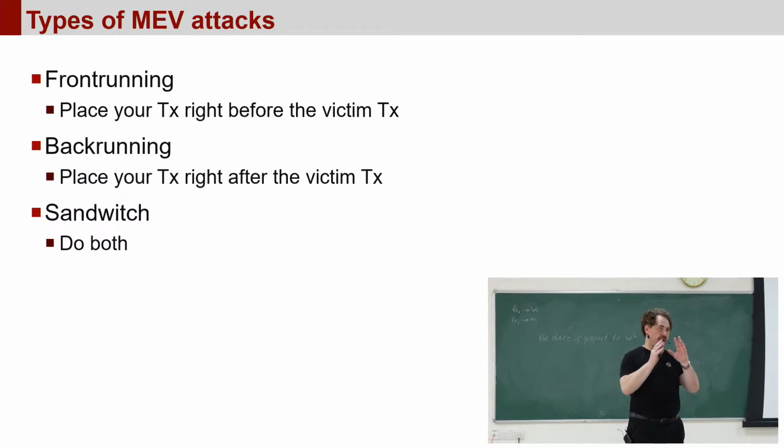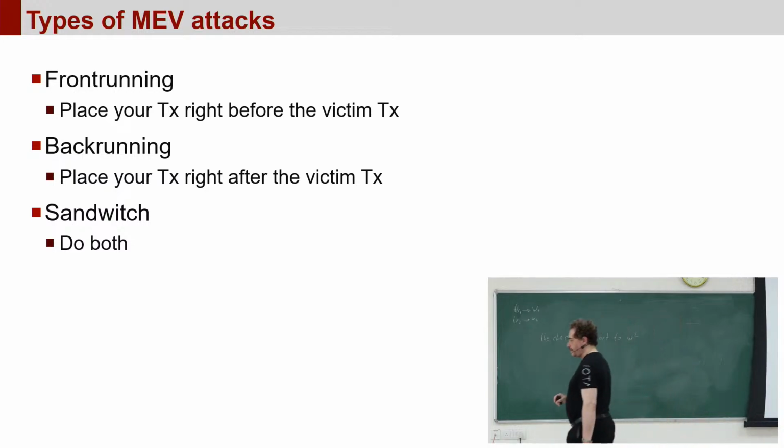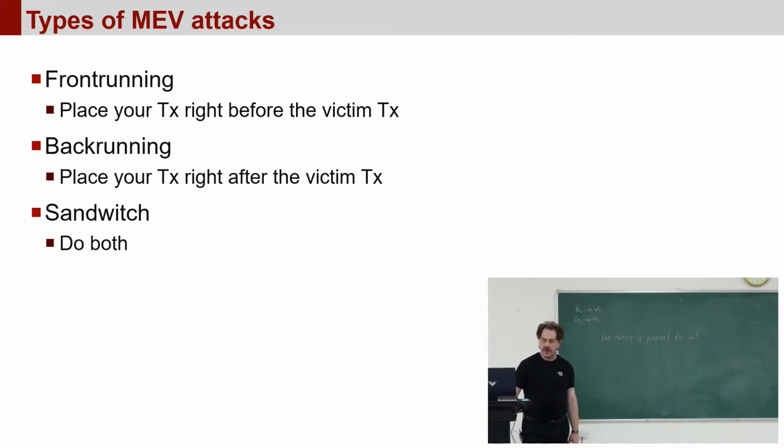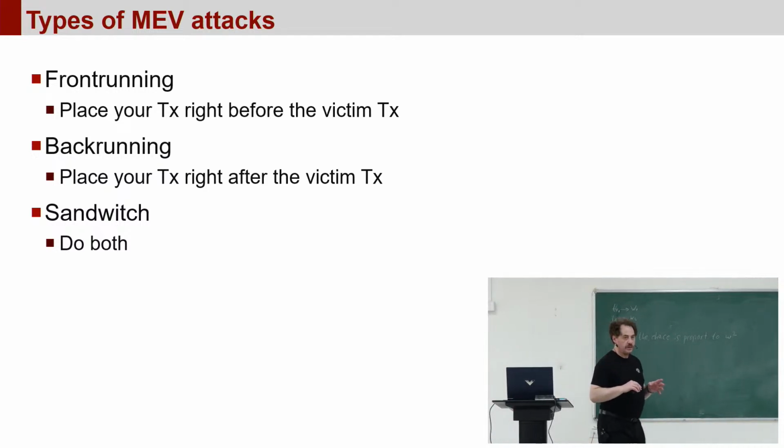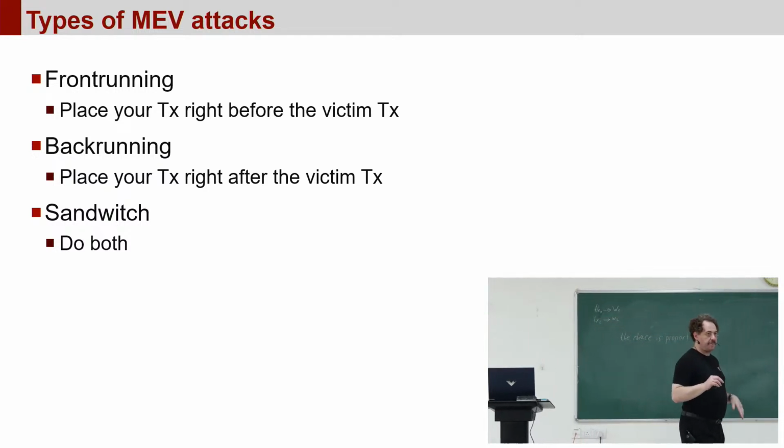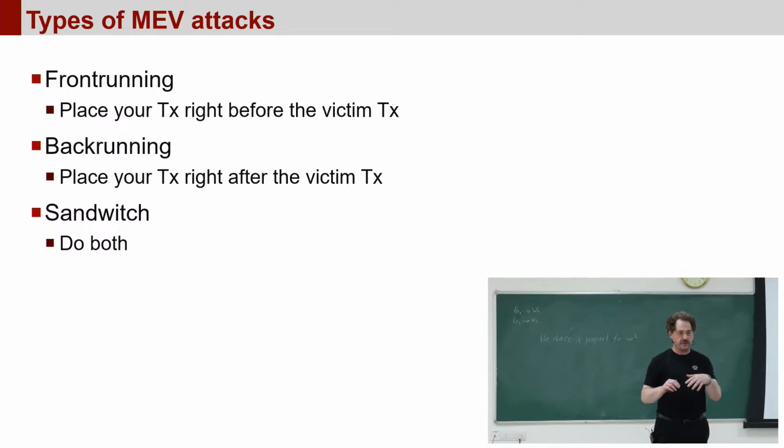Because if the transaction is known to everyone, then everyone knows the price of Bitcoin, and everyone can exploit this transaction. But you're the first. You are guaranteed the first place among those that come after. So that's back running. And sandwich means that you do both: some pre-transaction and post-transaction.